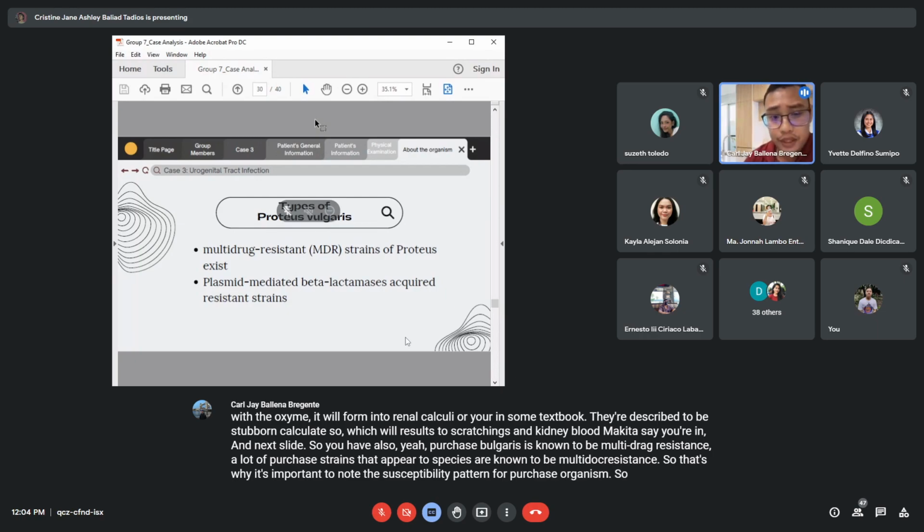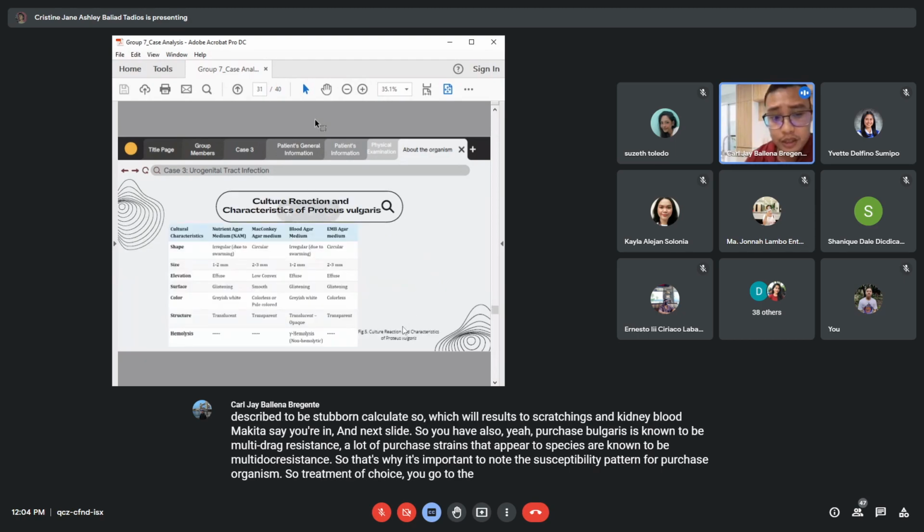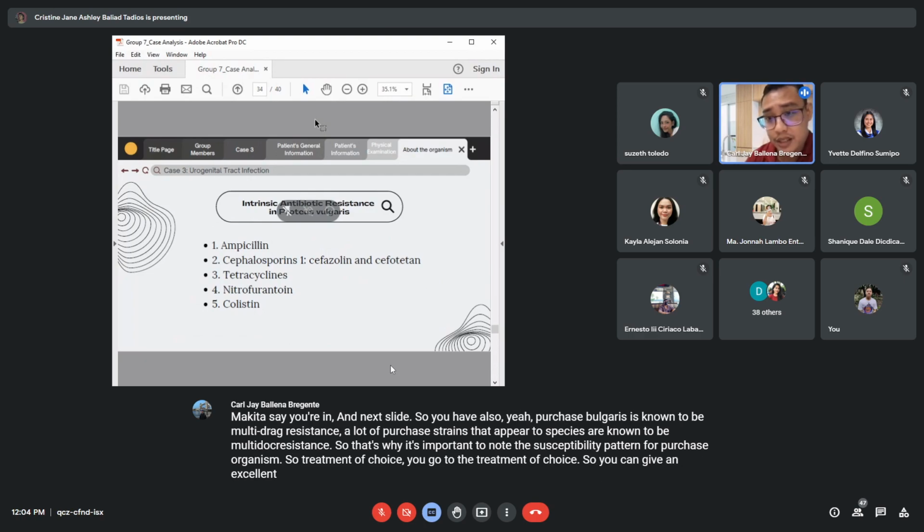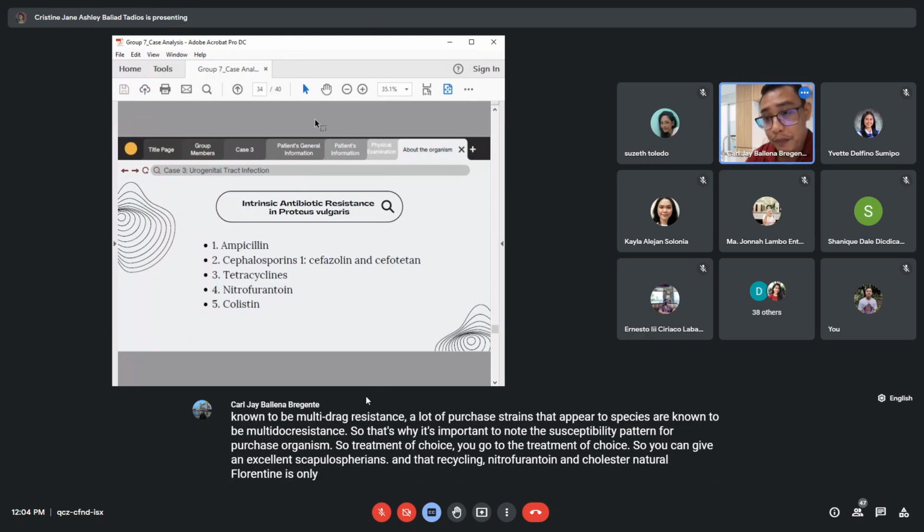So treatment of choice, you can give ampicillin, cephalosporins, tetracycline, nitrofurantoin, and colistin. Nitrofurantoin is only given to patients with UTI. Okay? Nitrofurantoin is an antibiotic for urine.